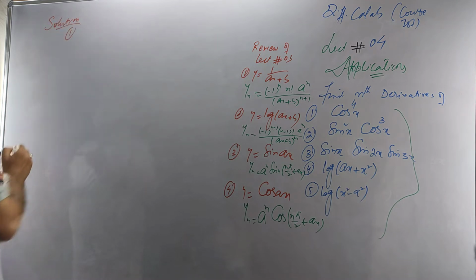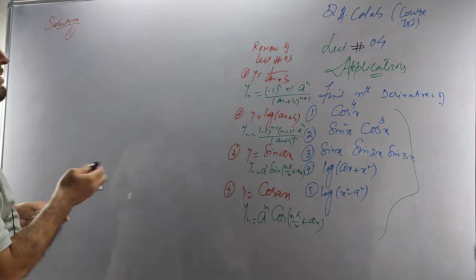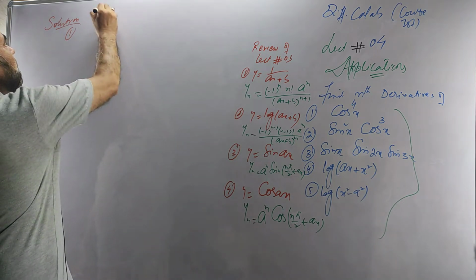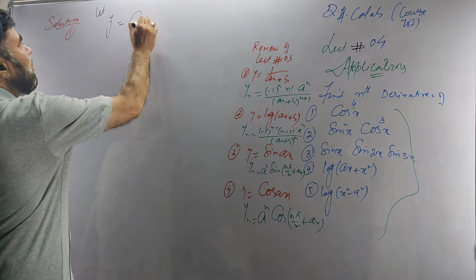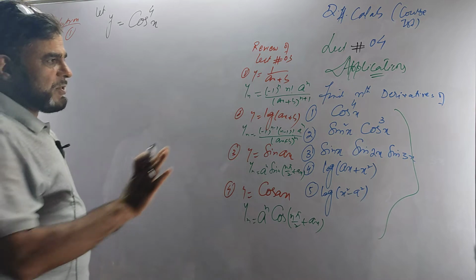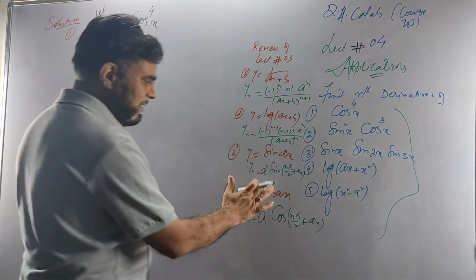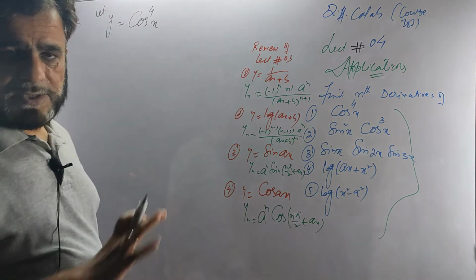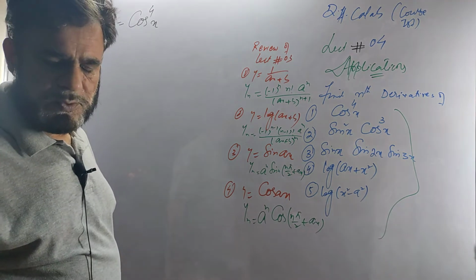Solution of the first: I have to find the nth derivative of this. Let me take y equal to cos of 4x. My aim is to reduce this cos 4x to sine ax or cos ax, that is, I want to get rid of the power. It should not be the square or the cube.